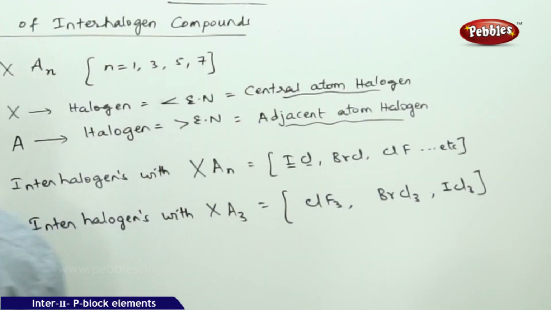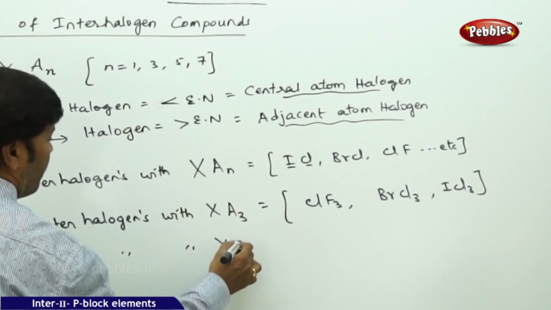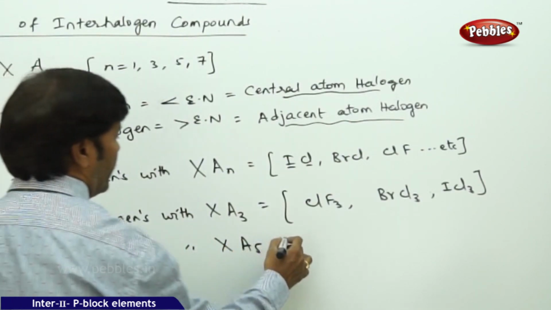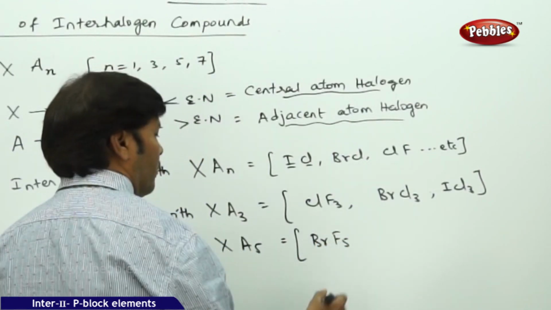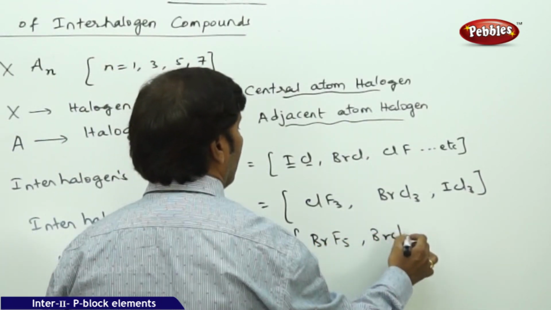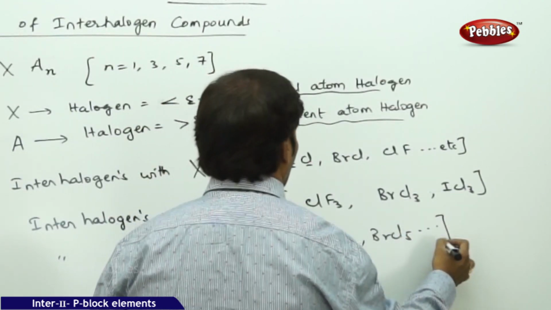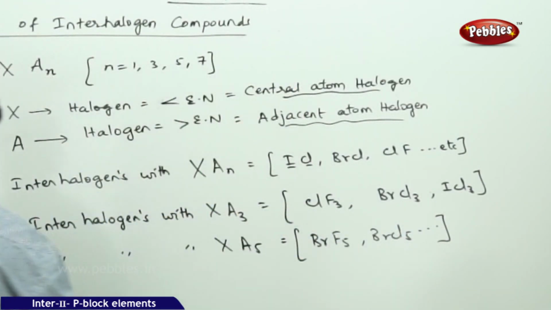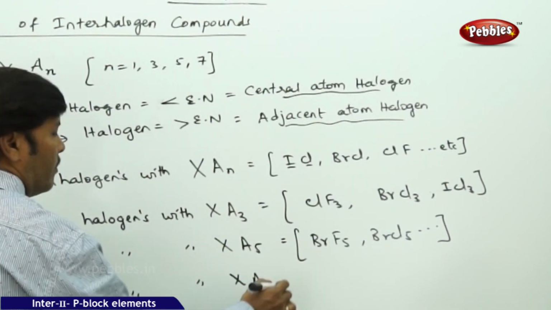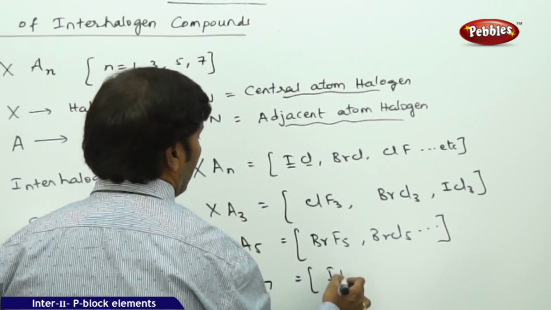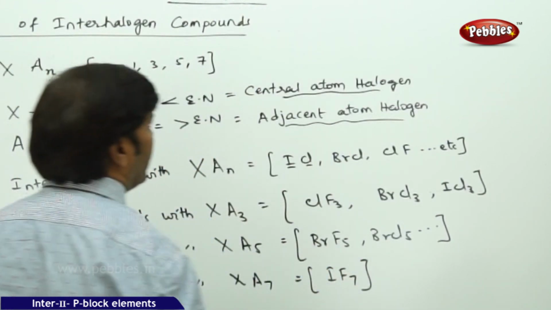Similarly, for interhalogens with XA5, we can take BrF5, BrCl5 and so on. The last one, interhalogens with XA7, the best example is IF7, iodine heptafluoride.